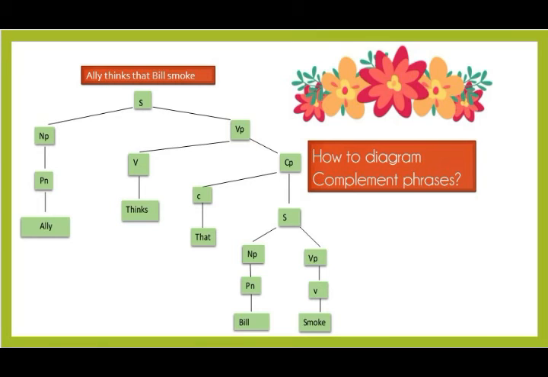For that reason, we put two S's in the sentence to divide, and then we could add the complementizer, which is "that," and at the end the sentence is "Ali thinks that Bill smokes."